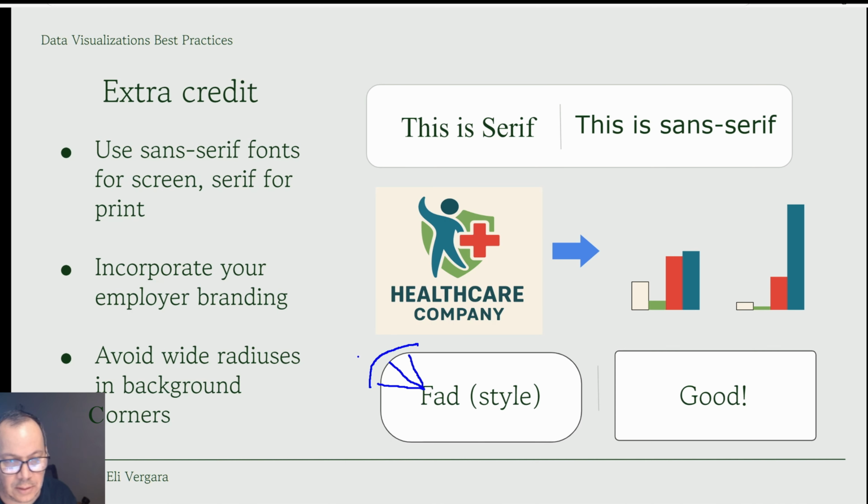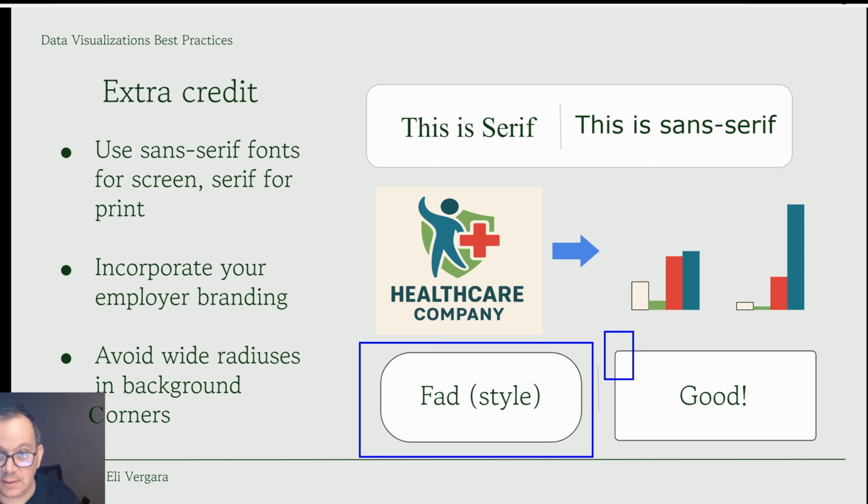This is not good. Avoid it. For graphs, it's good and it's presentable to have semi-rounded corners if those are discreet, if your radiuses are soft, but not that soft. Everything else is a specific style. So for general use, avoid using wide radiuses.